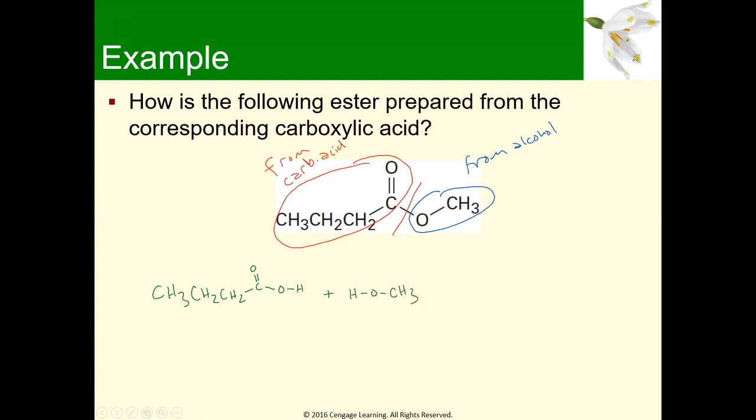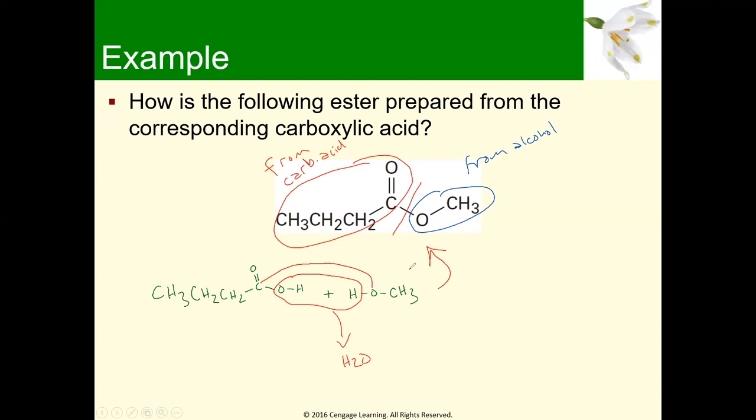Okay. So you could say that that oxygen and that hydrogen split off to form your water molecule, and then you establish this bond between that oxygen and that carbon. Okay, that's that bond right there. So these two things, this carboxylic acid and this alcohol, reacted to form this ester.